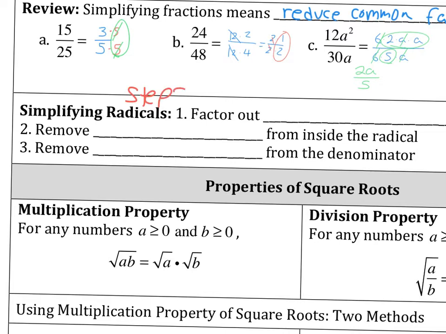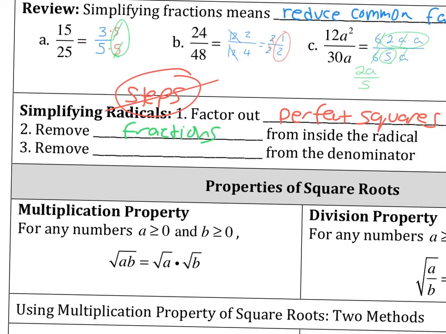Do not think of these 1, 2, 3 as steps. They're just things to consider. Number 1, we have to factor out any perfect squares. Again, not necessarily in order. It's just something that has to happen. Number 2, we have to remove any fractions from inside the radical. And lastly, we have to remove all radicals from the denominator.